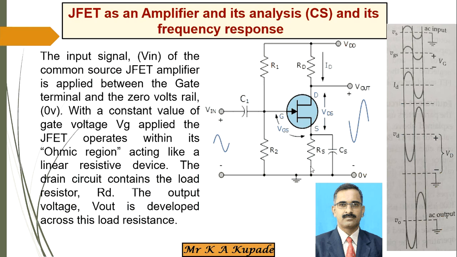And the drain current flows through the load resistor RD, and the output voltage is developed across that load resistance, right?